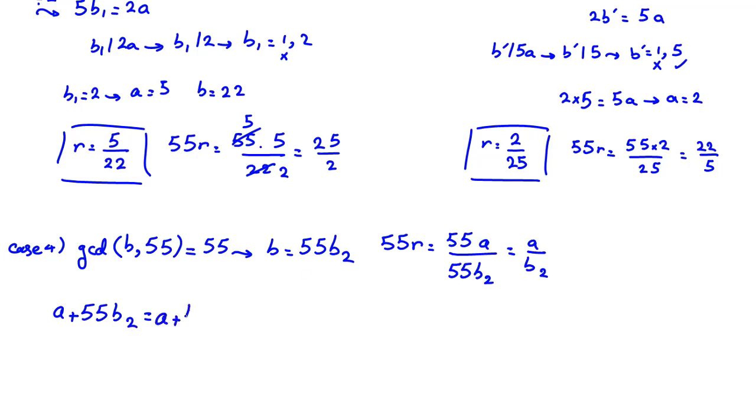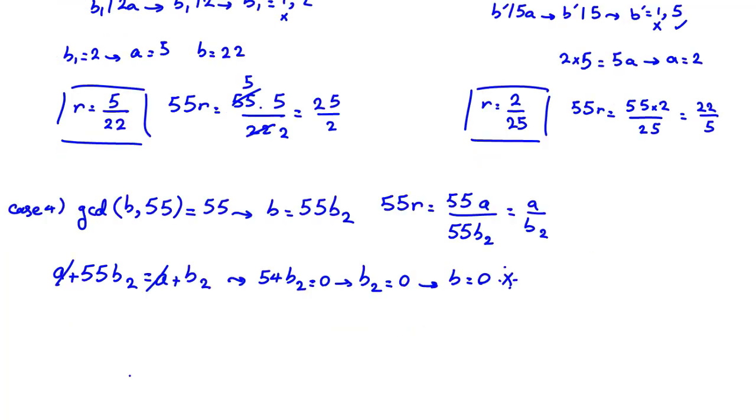So then we can say it is A plus B2, and then we can cancel A, so 54B2 equals 0, so B2 equals 0. B is 55B2, so B is 0, but that is a contradiction because B is the denominator of R, A over B.